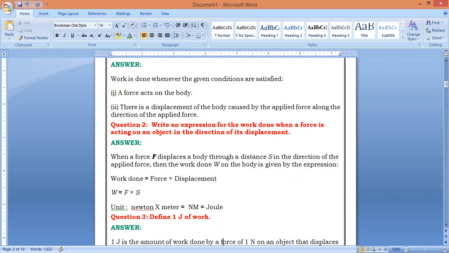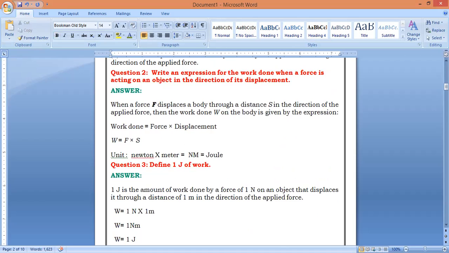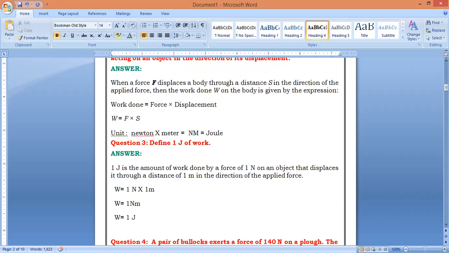The next question is, define 1 joule of work. Let us substitute the value of 1 Newton and 1 meter. 1 joule of work is done by an object when 1 Newton of force is applied on the object so that the object displaces 1 meter in the direction of applied force.